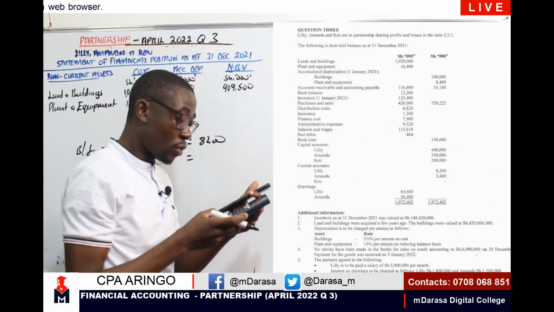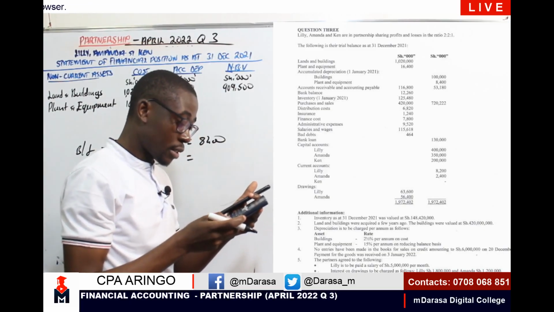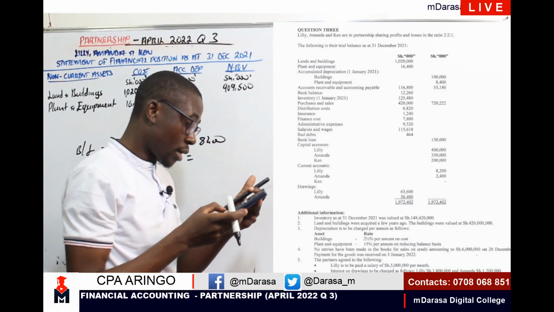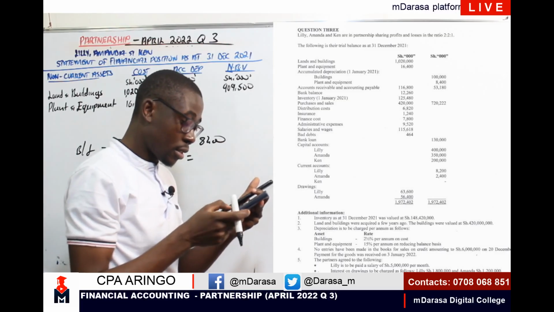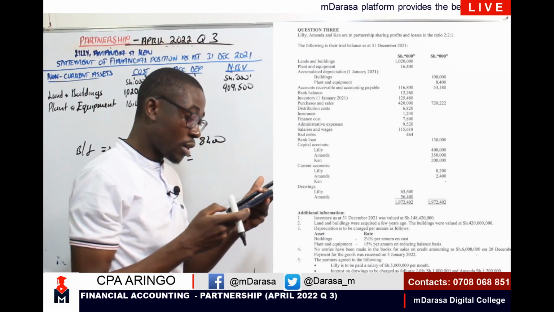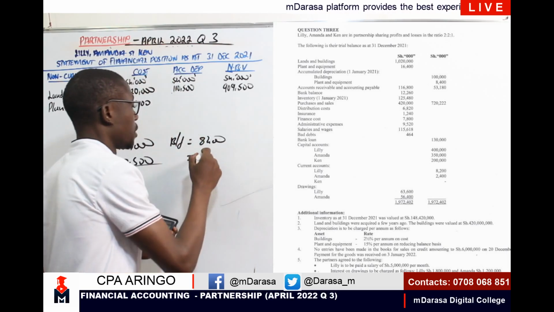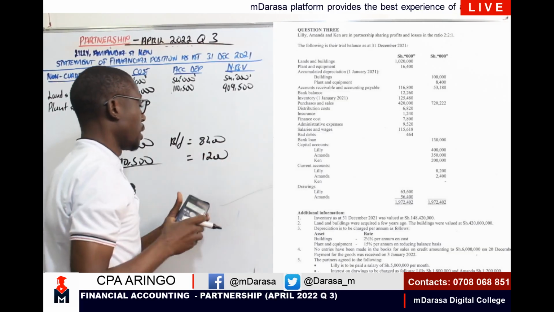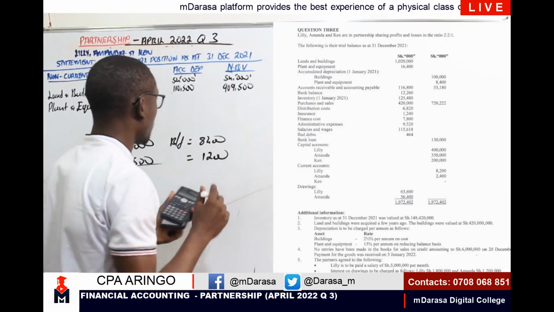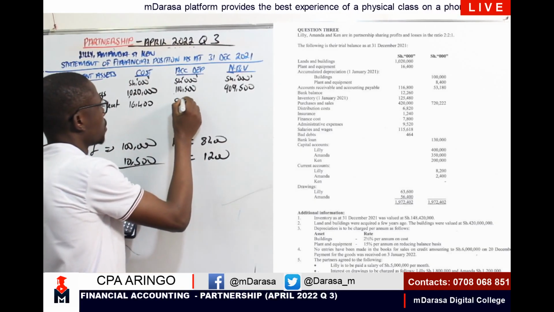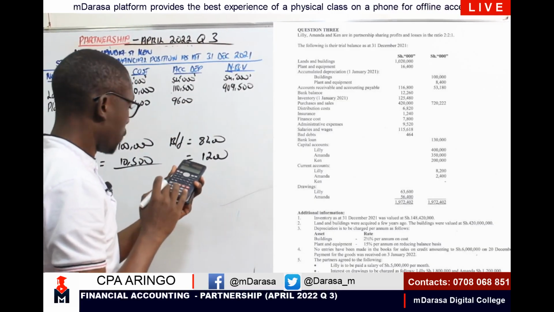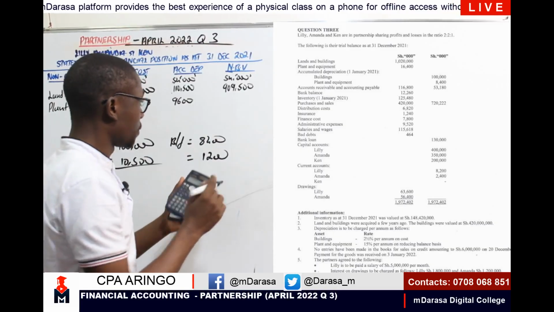I'm having 16,400 minus 8,400 times 0.15 to give me a figure of 1,200. So 8,400 plus 1,200, I'm having 9,600. So that is to say, we should be talking of 16,400 minus the answer.